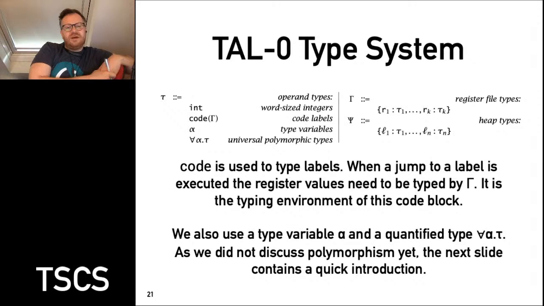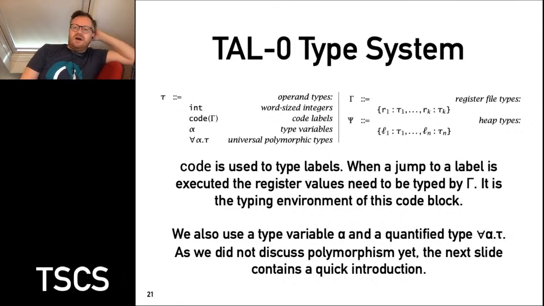Sorry for that, but you have to adapt to that a little bit. And then you have a so-called alpha, which is a type variable, and then you have something new which we haven't covered so far. It's a so-called universal polymorphic type. I will get you into this in a second, don't worry.